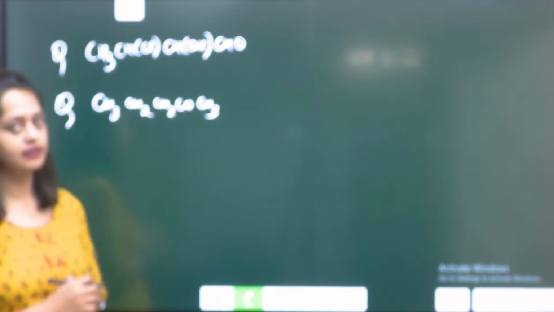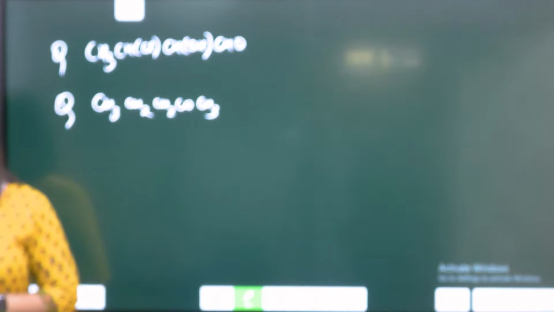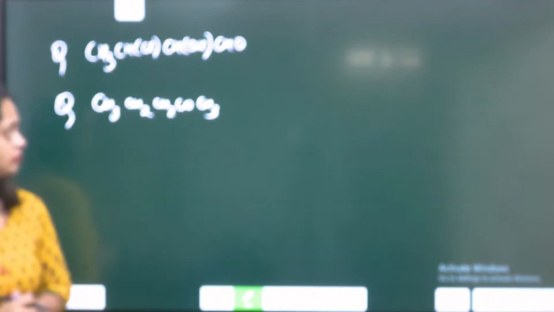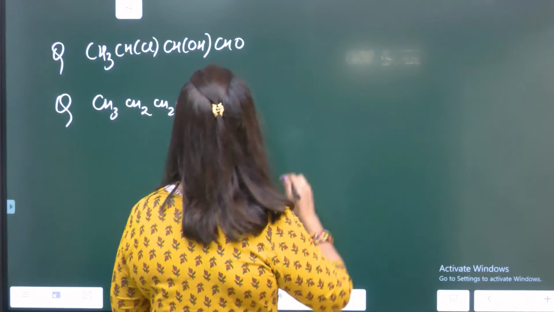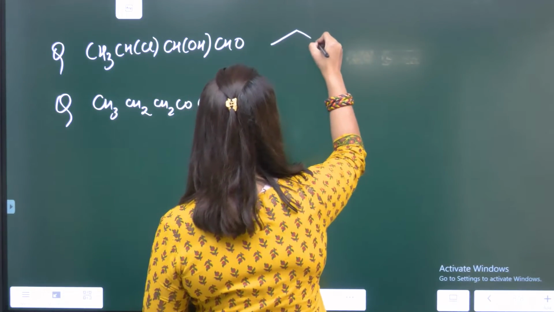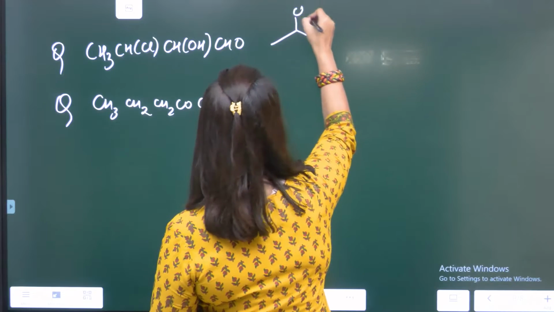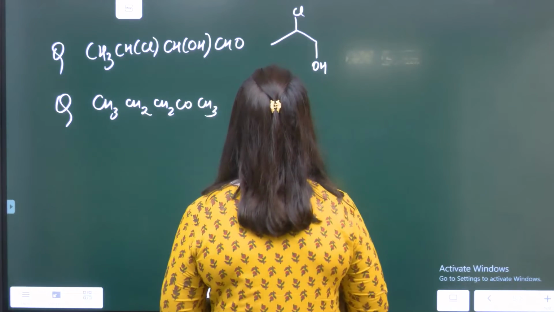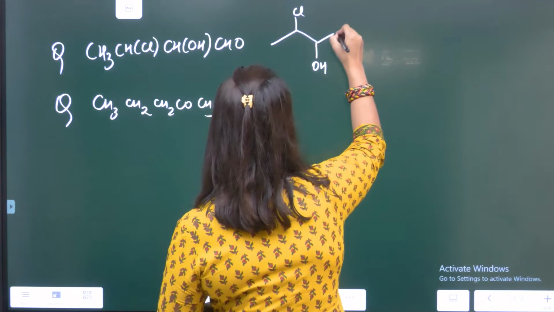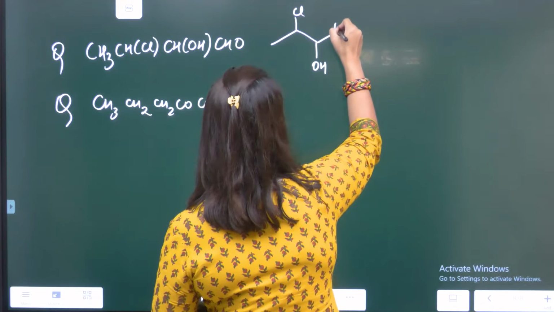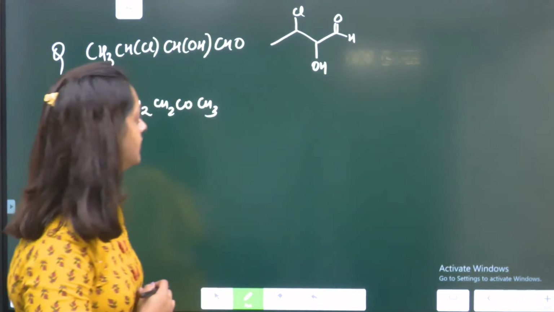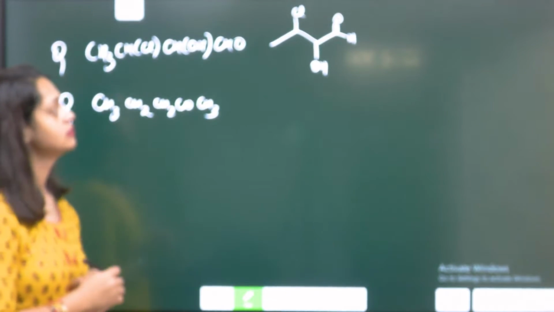Can you draw the bond line structure for these? Ma'am, in the first question and second carbon there will be a chlorine and one carbon of two. Right. After this, Ma'am, at fourth carbon there will be a double bond O, above double bond O and an H. Right? This is how it will look like.